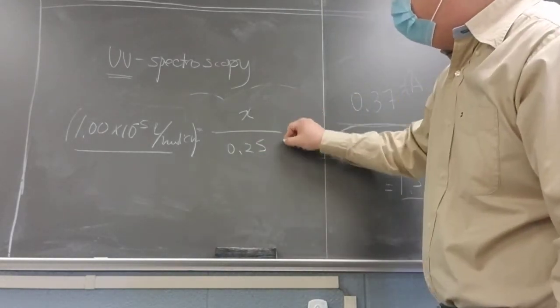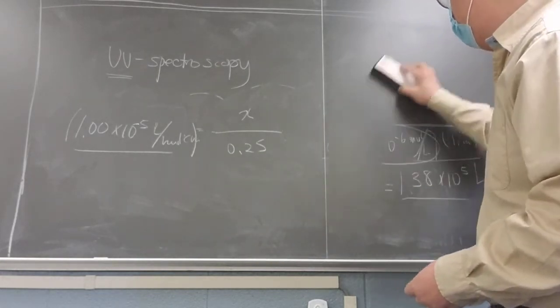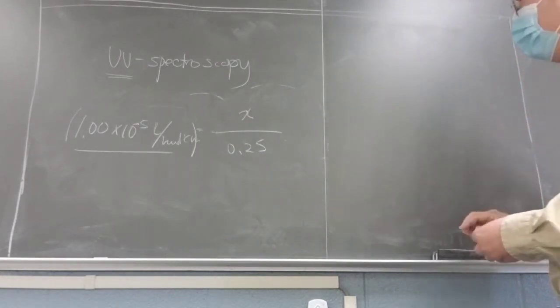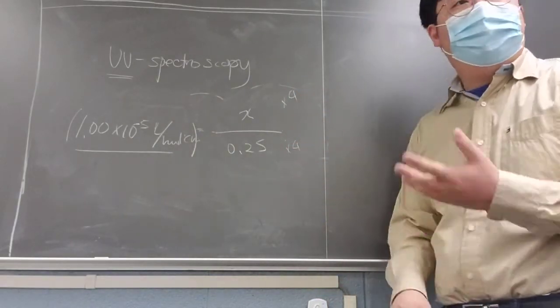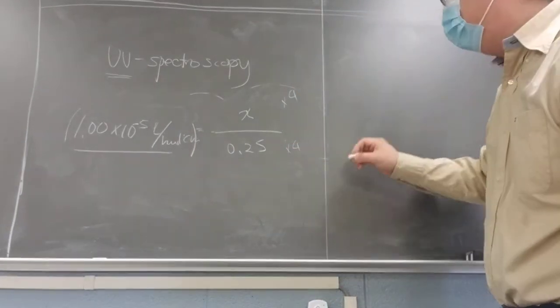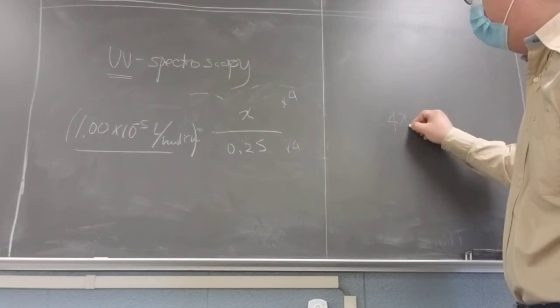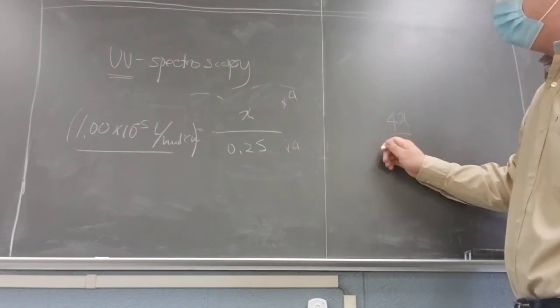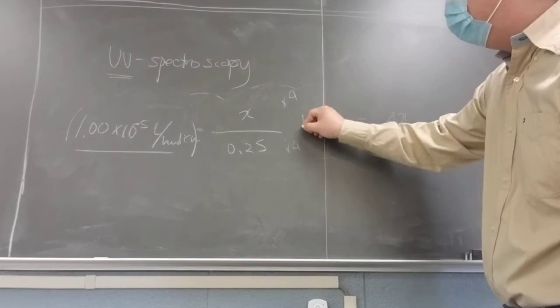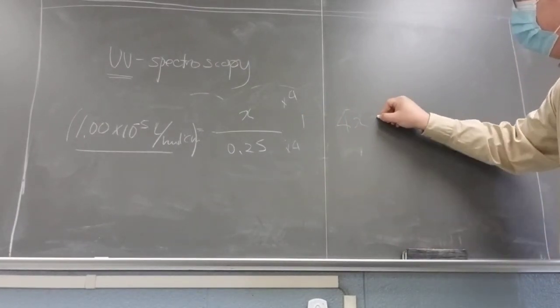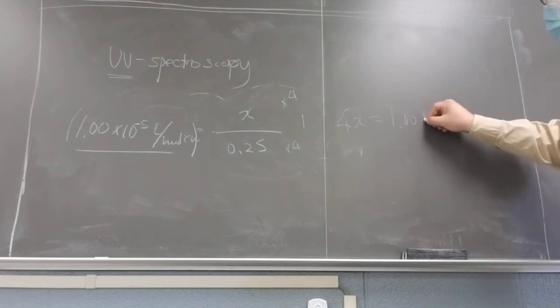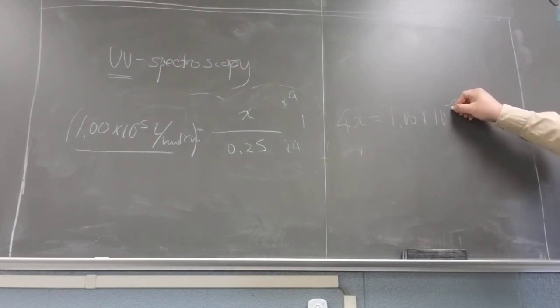This is a fractional number, so to make it easier you can multiply by 4 on top and bottom, and it's still the same number. That makes 4X over 1, which is just 4X, equal to this over here.